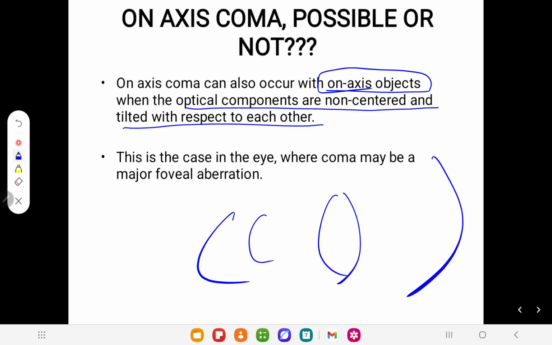This is our retina, the front surface of the cornea, back surface of the cornea, lens, and back surface of the lens. All four structures are not aligned at all. And if we do refractive surgery on the front surface and change the optical center of the front surface of the cornea, then the probability of on-axis coma is higher. So we can make the case that on-axis coma is possible.